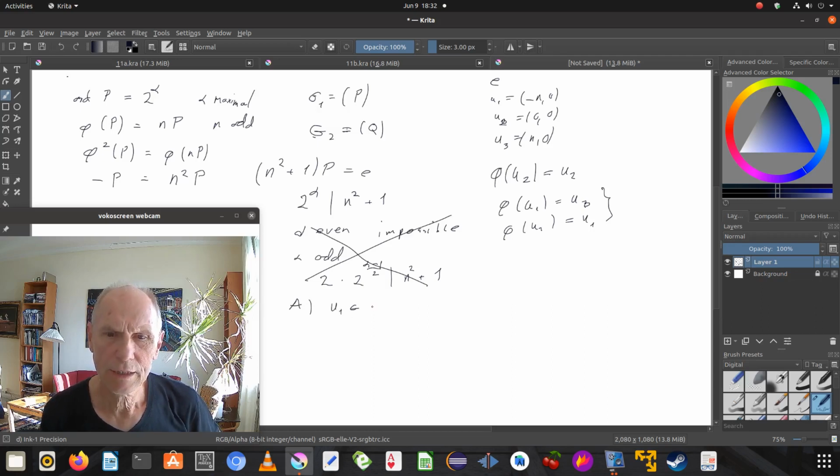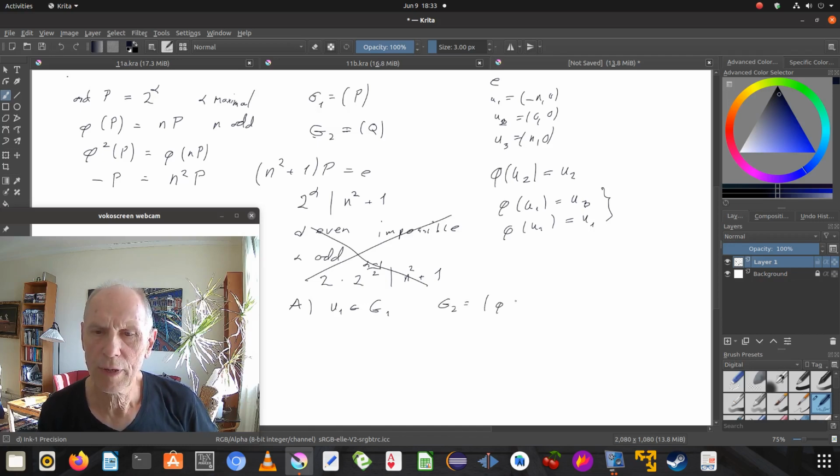U1 lies in G1, then we have another group G2 generated by phi of that's called 5p, which have the same order.